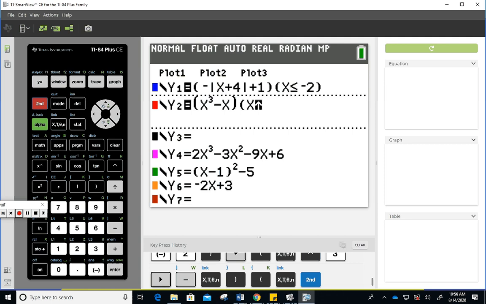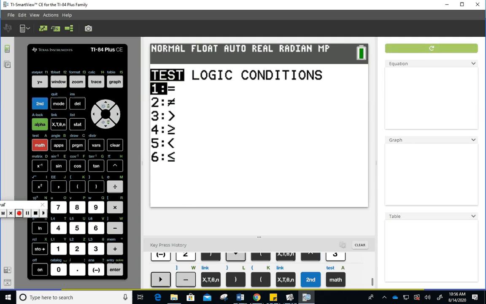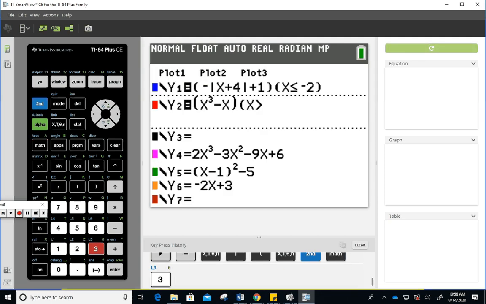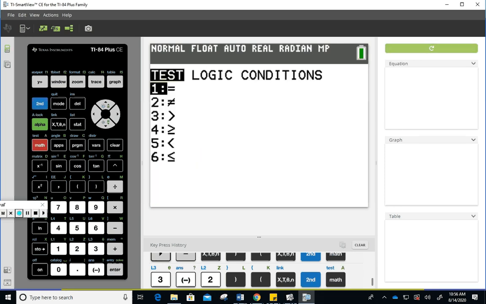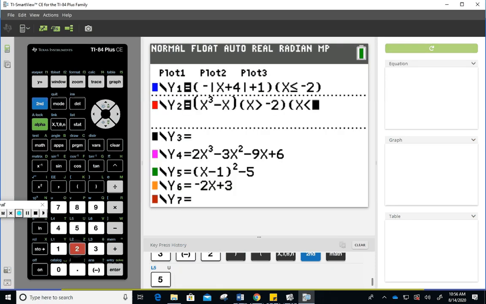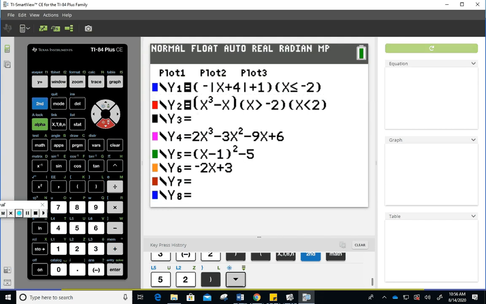So test menu, x is greater than -2. So that's one condition. And then a second condition is that x is test menu less than choice 5 +2. So you need to know that your calculator will not accept both of those together. You can punch it in, but your calculator will not read it or graph it right.